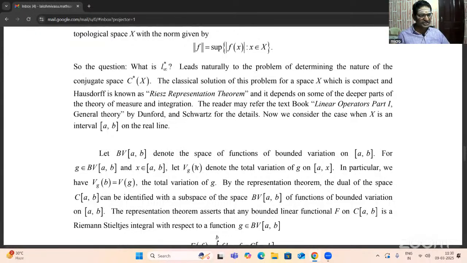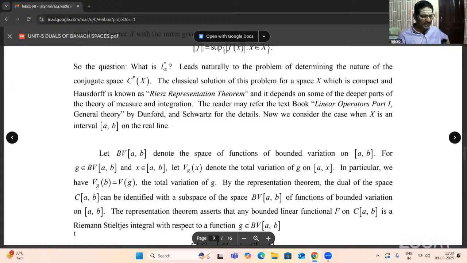What is the meaning of Vg of x? This is the total variation of g on the closed interval [a,x]. So Vg of b equals V of g, the total variation of g.